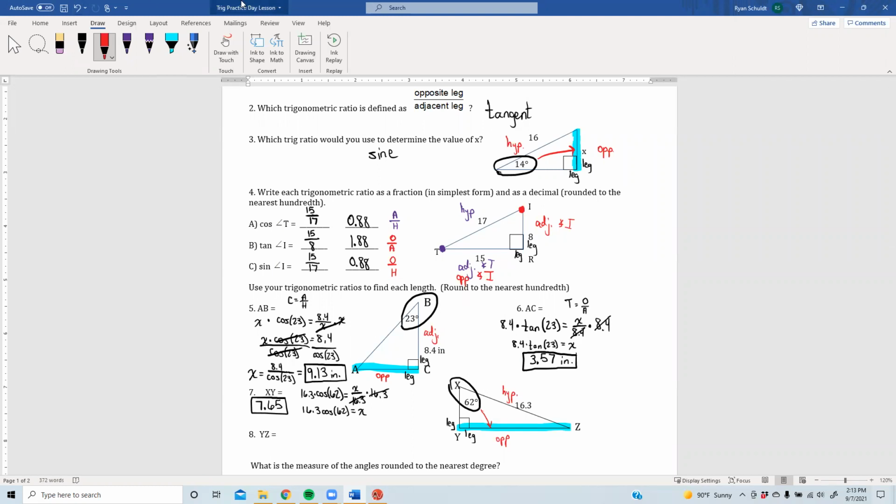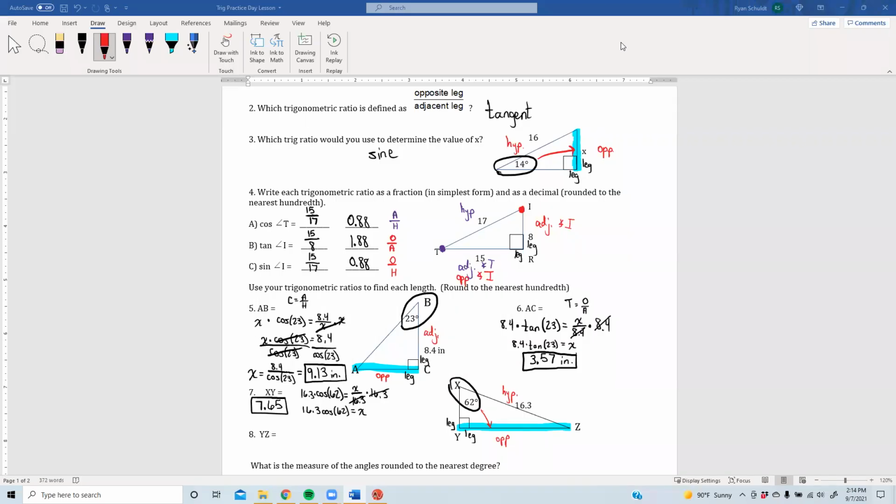For opposite and hypotenuse, that would be sine. Okay, so we want to do the sine of our angle. The sine of 62.